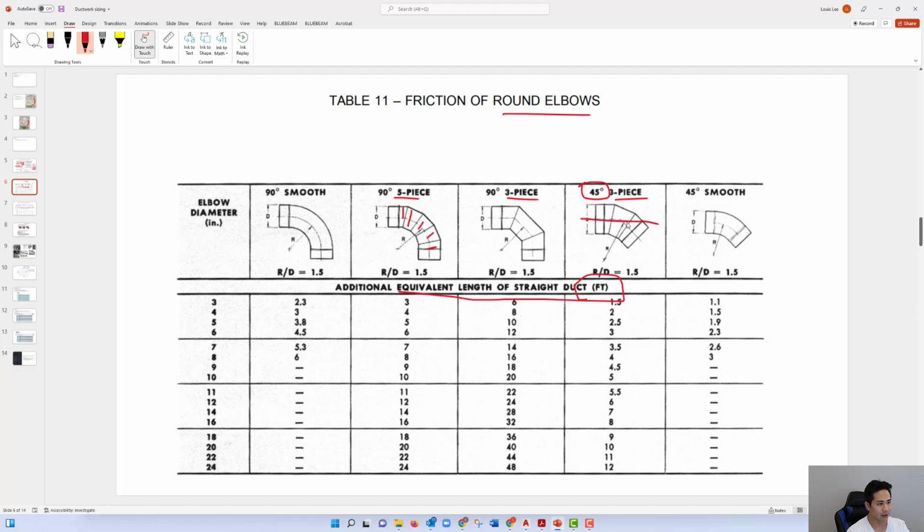So this is a 45-degree elbow, and this one would be a 90-degree elbow. Or you can have smooth curvature such as this, or a smooth 45-degree curvature such as this. And depending on the ratios, again, between the radius and D, in this case, the elbow diameter, you can get an equivalent straight feet of duct from this table here.